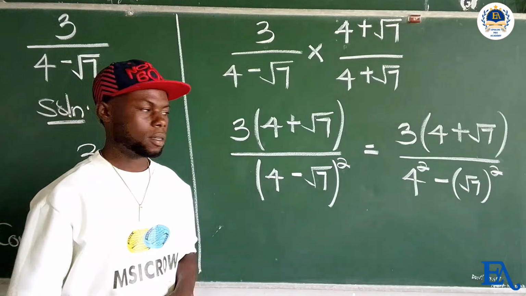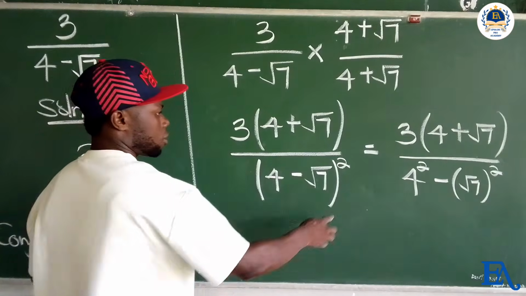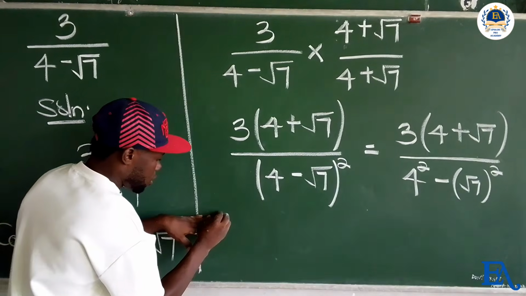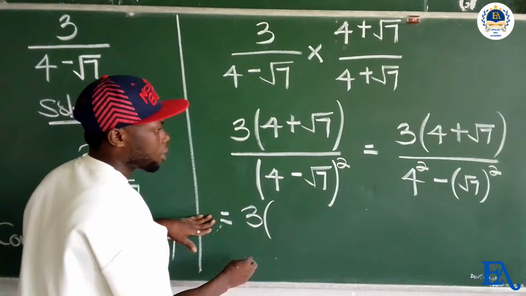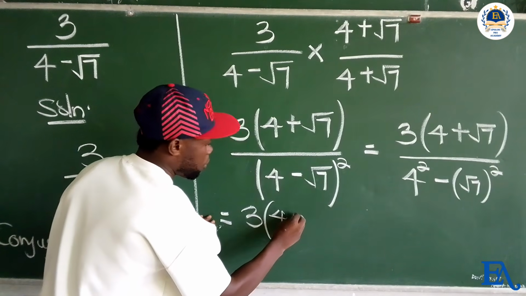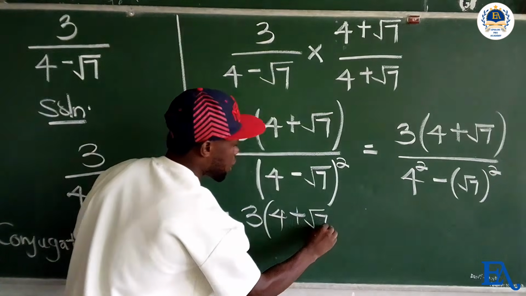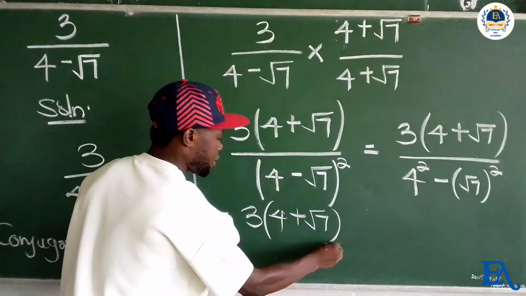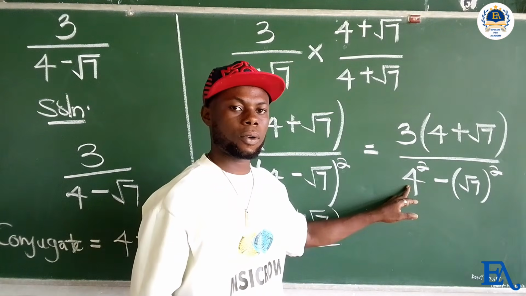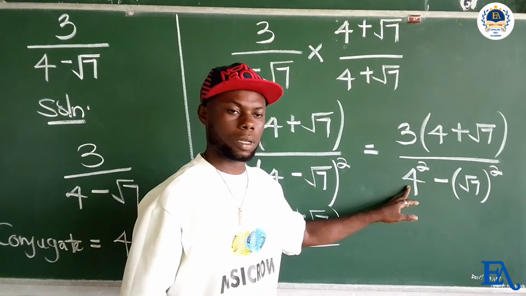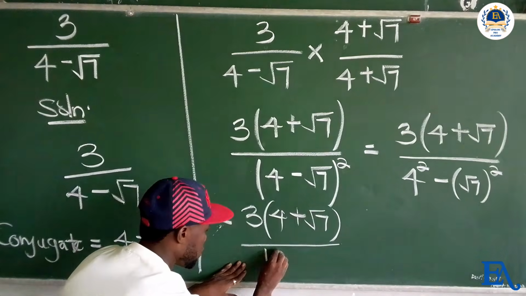Now let's consider the next stage. The numerator, I'm going to write what you have there, 3 in brackets 4 plus root 7, all divided by 4 raised to the power of 2, which means 4 times 4, and 4 times 4 gives 16.